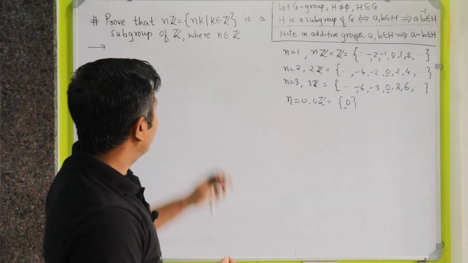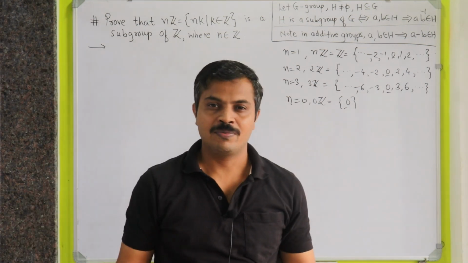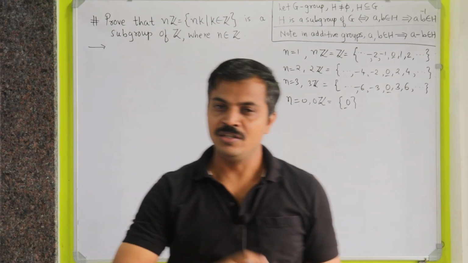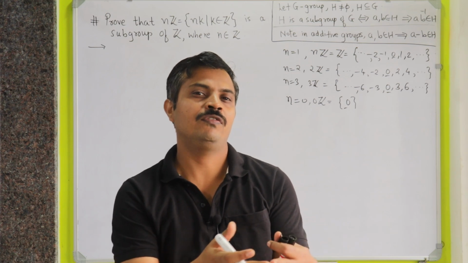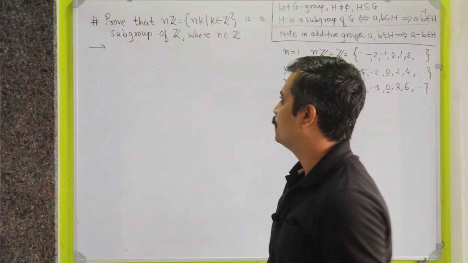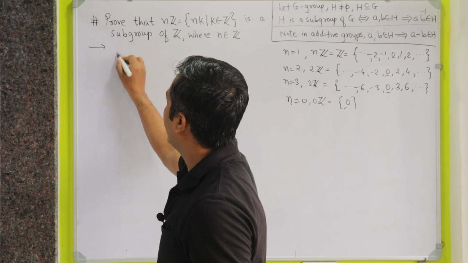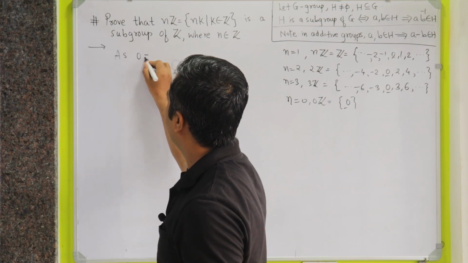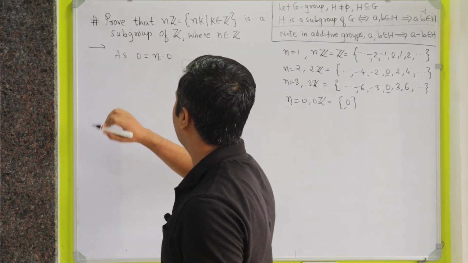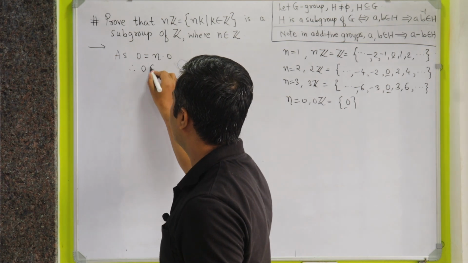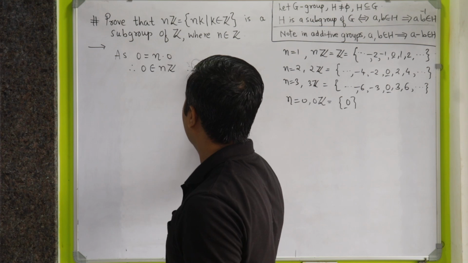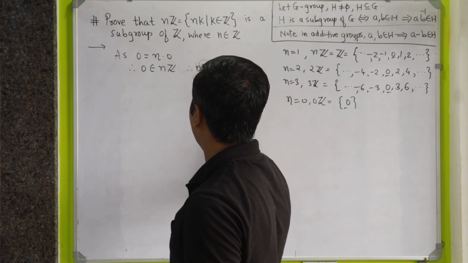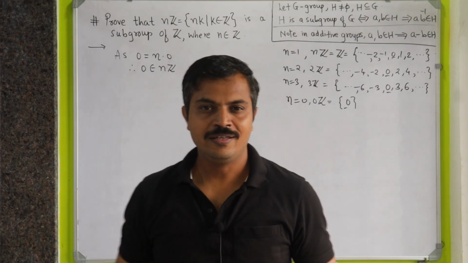Because nZ is a collection of multiples of n, so for 0 to be in nZ, we should be able to write it as a multiple of n. So, I will say here, as 0 can be written as n multiplied by 0, therefore 0 will be a member of nZ and therefore nZ will be non-empty. So this part is clear.